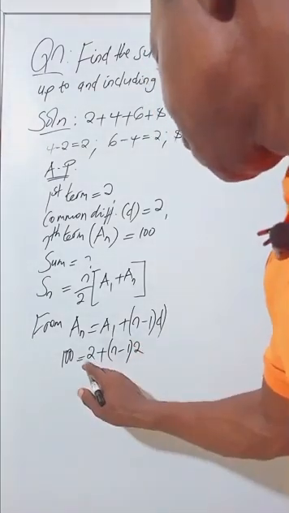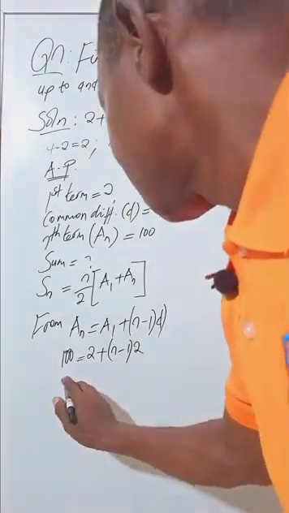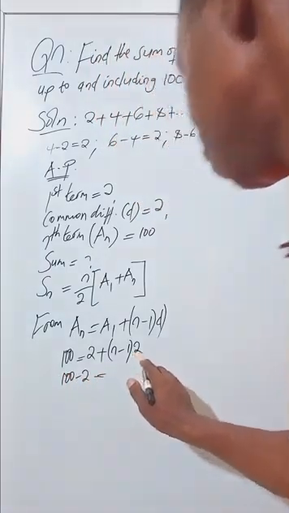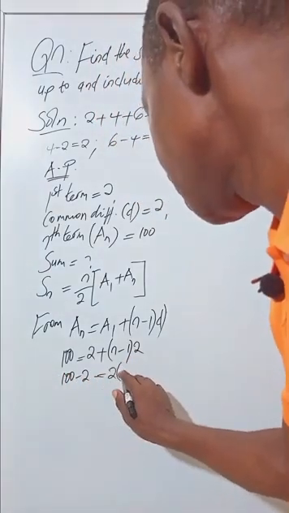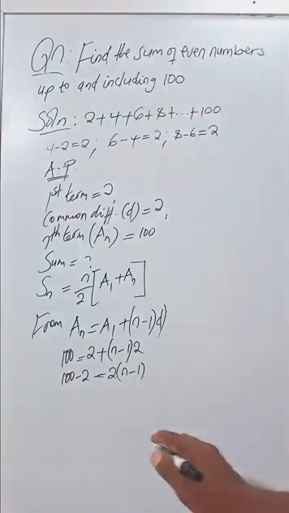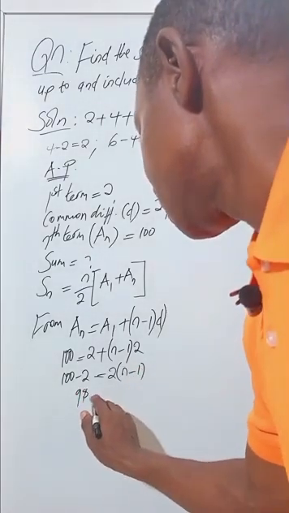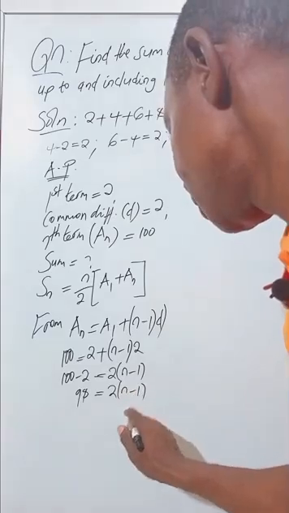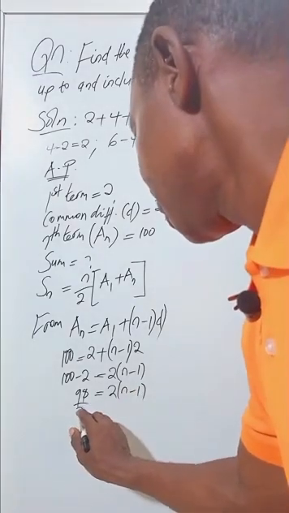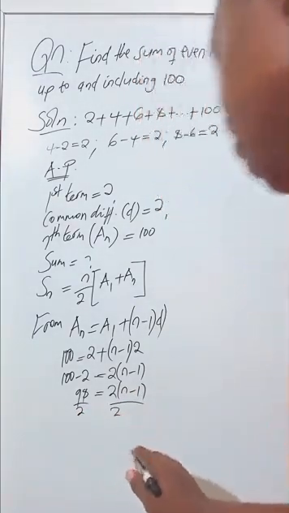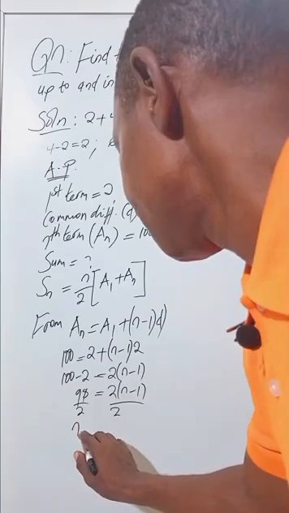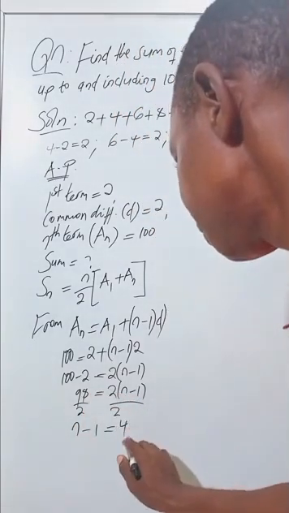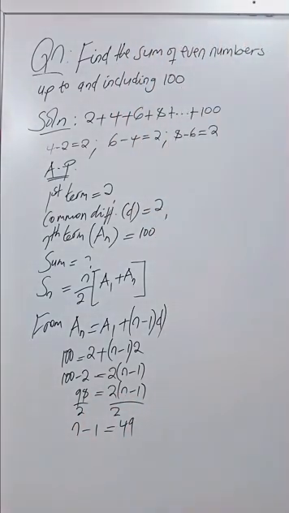Okay, we can take this one to that side. So 100 minus 2 will be equal to 2 times n minus 1. This is 98 equals 2 times n minus 1. You can divide by 2 on both sides, and this will give us n minus 1 equal to 49.